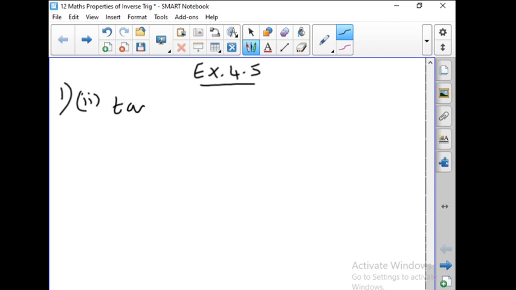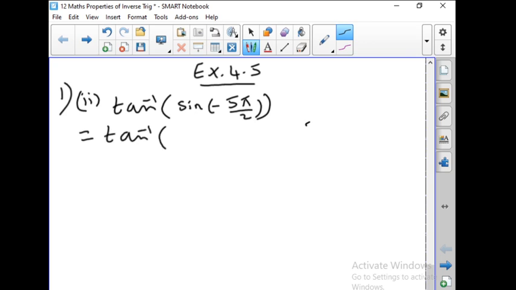Second one is also a simple one: tan inverse of sine of minus 5 pi by 2. So it can be written as tan inverse of, we know that sine of minus theta is equal to minus sine theta. Therefore, this can be written as minus sine 5 pi by 2.